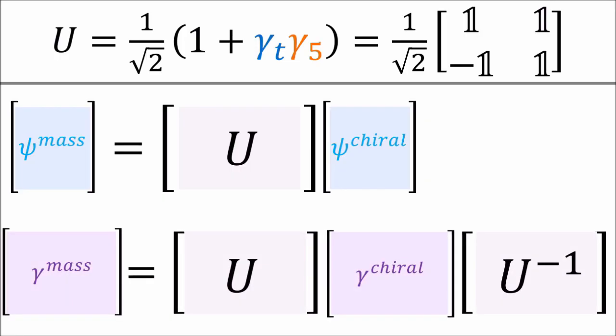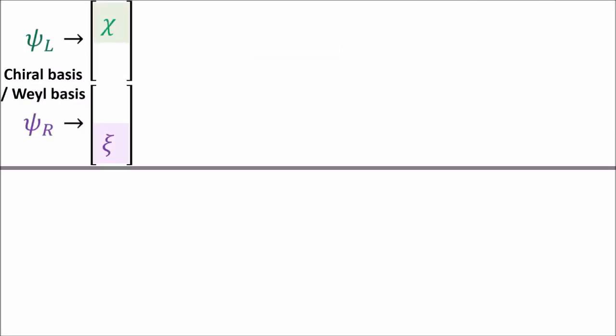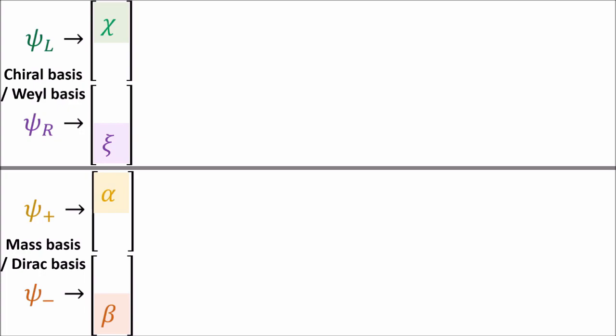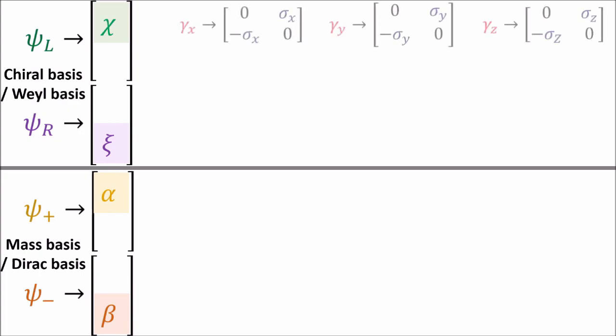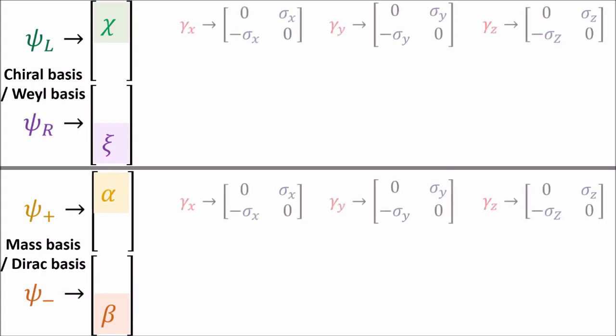Since the gammas are spacetime vectors, changing a gamma matrix from the chiral basis matrix to the mass basis matrix is done with a double-sided transformation with U and U inverse. It turns out that in both the chiral basis and the mass basis, gammas x, y, and z look the same. However, gamma t and gamma 5 sort of switch roles.